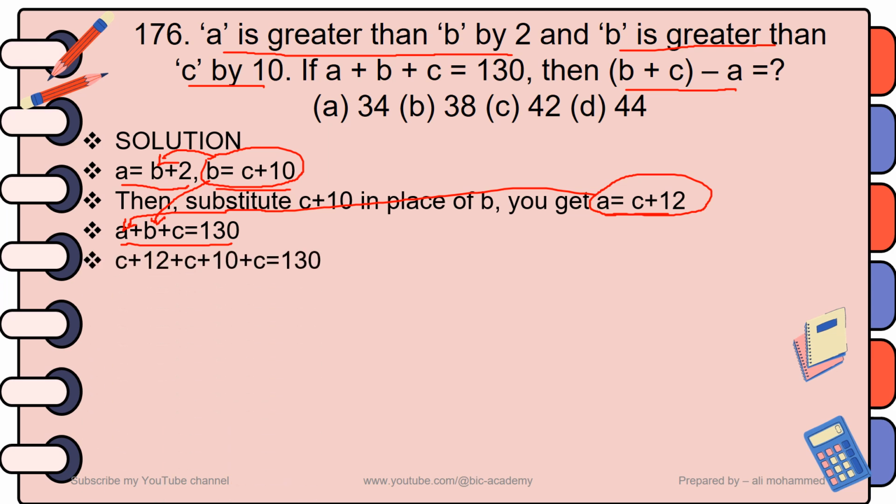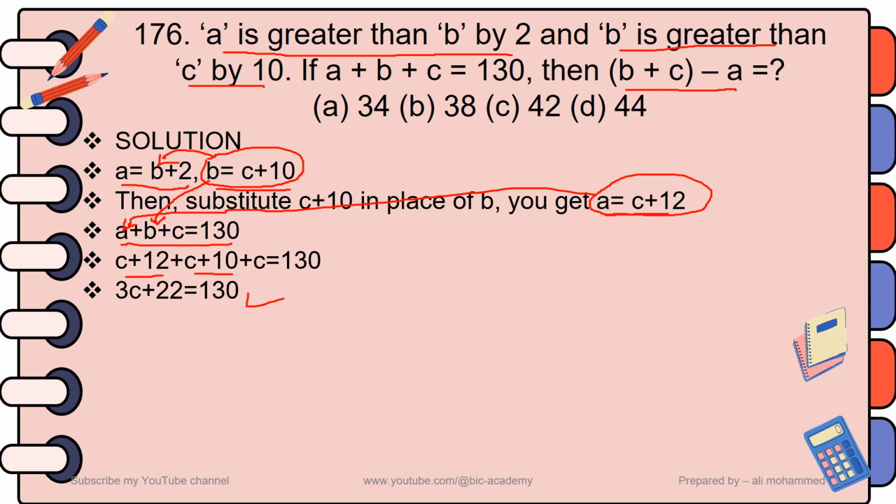C plus 12 plus C plus 10 plus C is equal to 130. Now collect like terms. You have 3C plus 22, which is equal to 130.